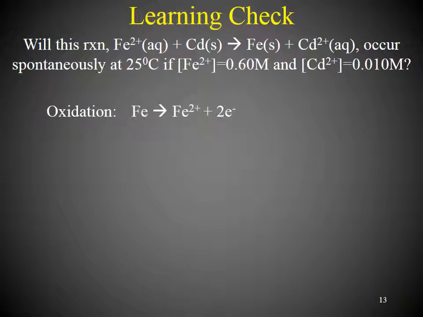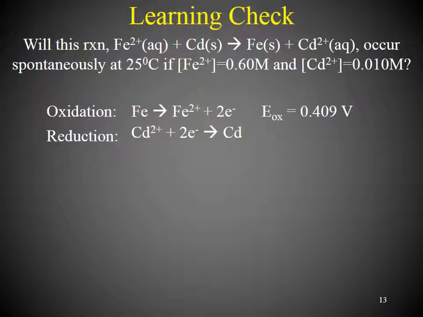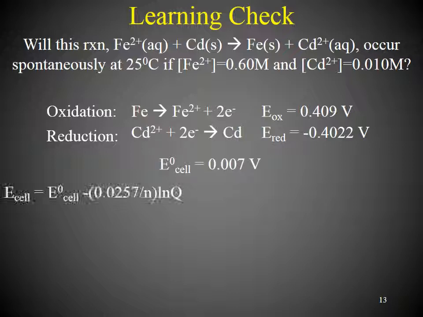Well, first of all, let's figure out which species is being oxidized and which one is being reduced. And the iron going to iron 2 plus is definitely being oxidized. So we change the sign. Here's the cell voltage.